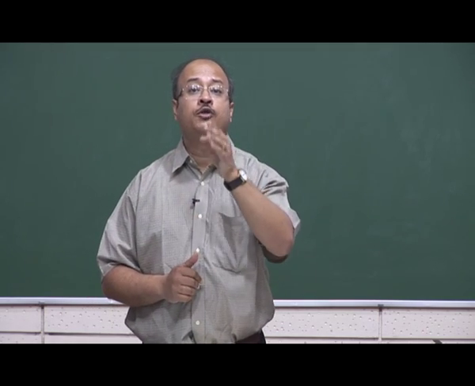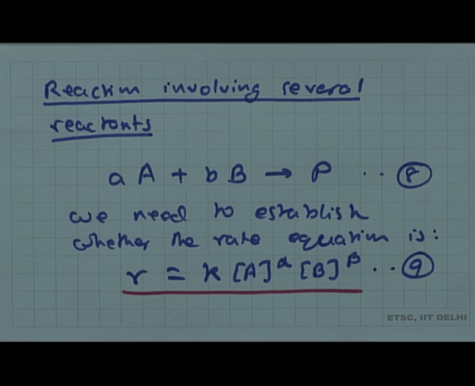Alpha is the order with respect to A, beta is the order with respect to B, and the total order of the reaction would be alpha plus beta.